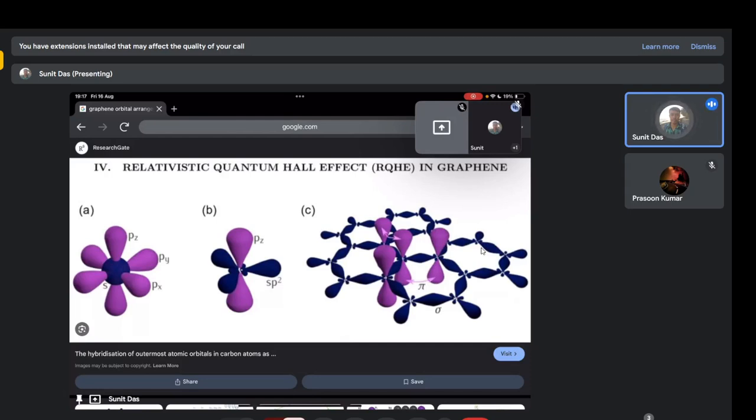So this is the xy plane where graphene lies, and the pz orbitals are vertical with respect to the xy plane, and these vertical pz orbitals are weakly bound for the pi one. If those are weakly bound with the corresponding atoms, then there is a greater probability of the electrons of a particular atom to hop to the nearest neighbor atoms or orbitals. So that's the main idea.